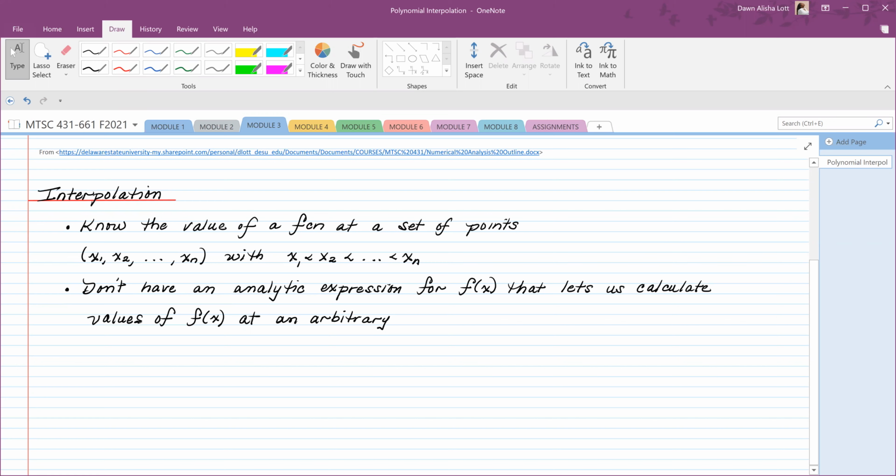Okay, so this could be a physical measurement, like I said, temperature, or it could be a numerical calculation.